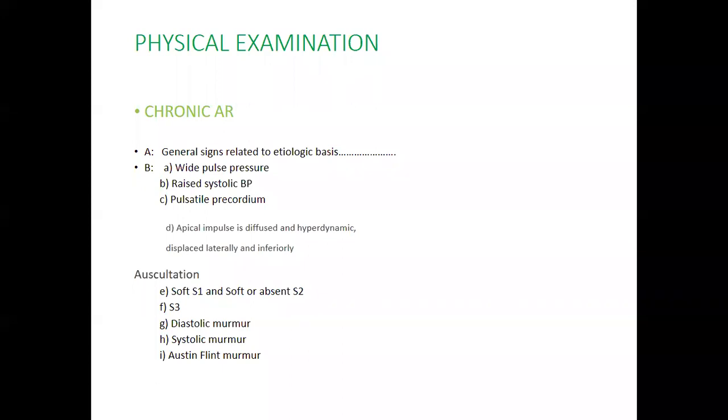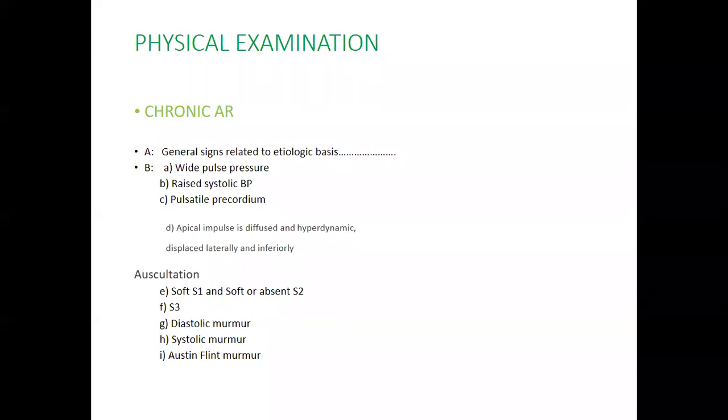If you auscultate this patient for signs of AR, you can find a soft S1 and a soft S2. Sometimes S1 can be normal, but the aortic component of S2 is definitely soft in aortic regurgitation, and due to volume overload of the LV, you can have an S3.